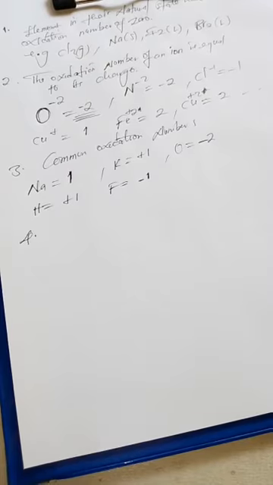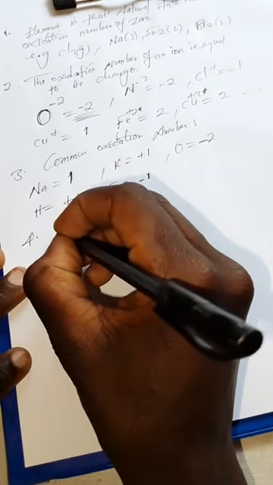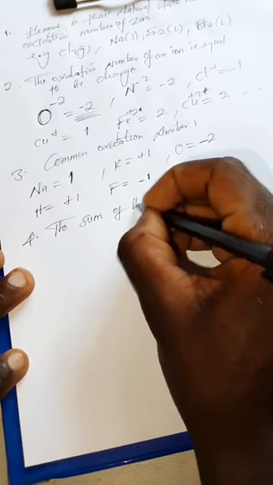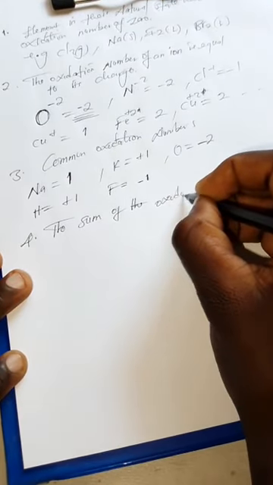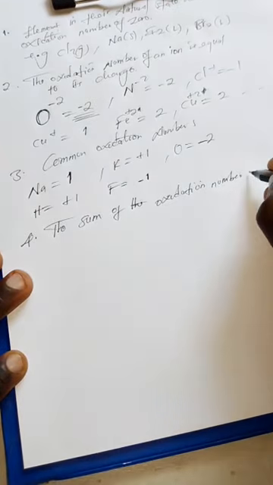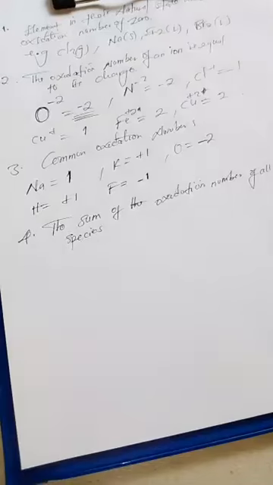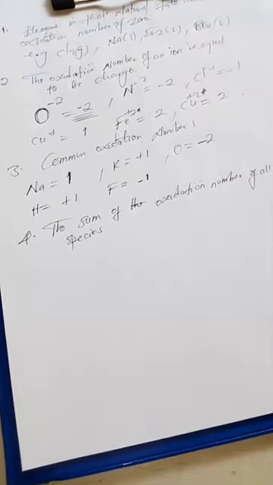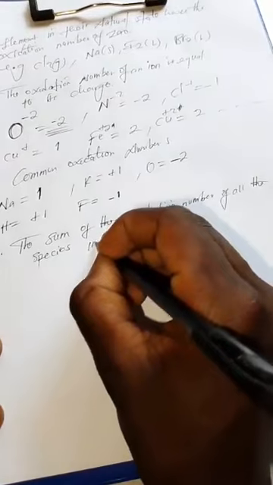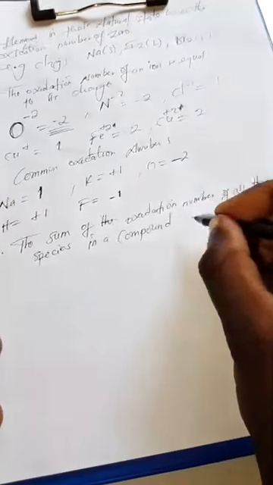Let me write: the sum of the oxidation numbers of all the species in a compound equals the overall charge.